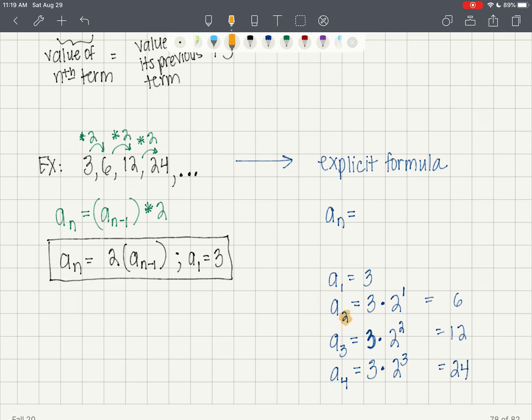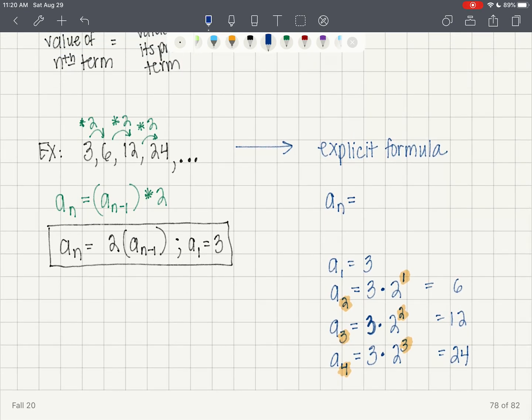Well, if I wanted to find the second term, I needed to multiply my first term times 2 once. If I wanted to find the third term, I multiply my first term by 2 twice. If I want to find the fourth term, I multiply by 2 3 times. So if I want to find the nth term, I'm going to multiply by 2 n minus 1 times.